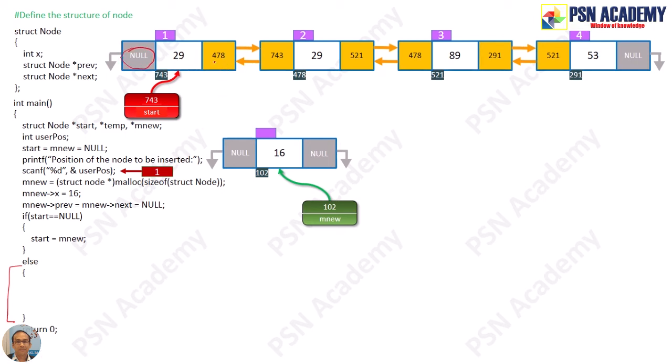Of course, the next pointer here is 478, pointing to the next node in the list. And we also have a last node here at 291 with the next pointer null. We also have the new node at 102 which is pointed to by the mnew pointer.